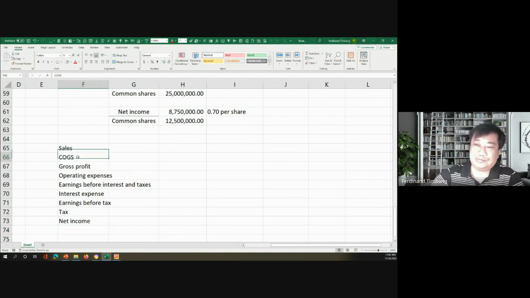So sales, less cost of goods sold, gives gross profit, less operating expenses. Then you have the earnings before interest and taxes.